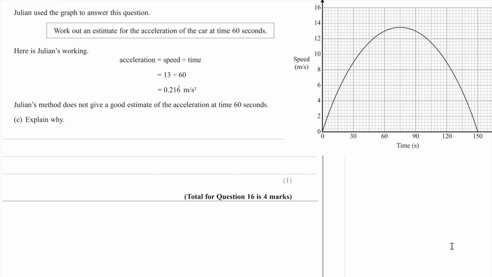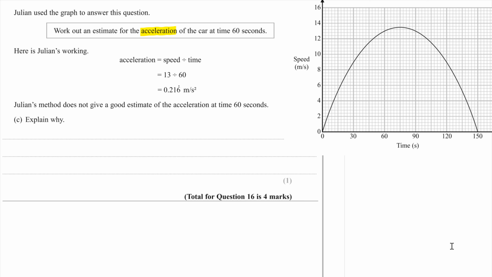Part C. Julianne used the graph to answer this question. Work out an estimate for the acceleration of the car at time 60 seconds. Here is Julianne's working. Acceleration is equal to speed divided by time, equals 13 divided by 60 equals 0.216 recurring meter per second squared. Julianne's method does not give a good estimate of the acceleration at time 60 seconds.